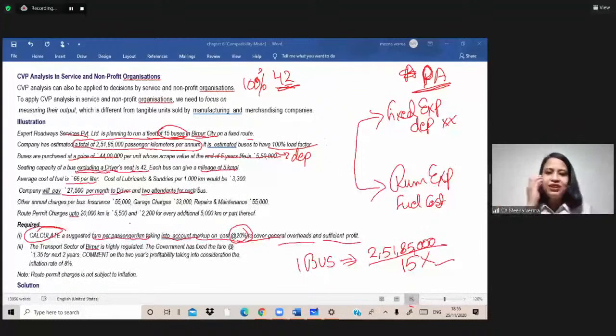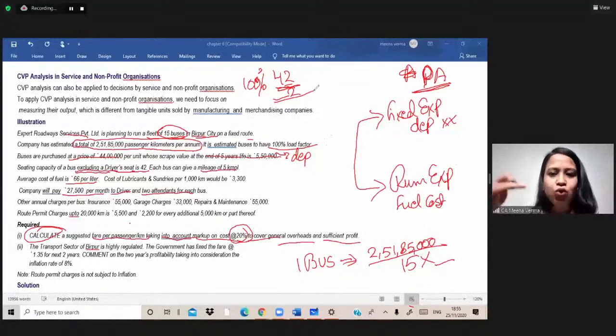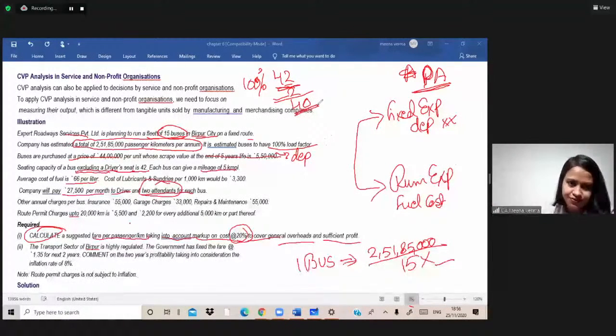These two attendants will occupy two seats. So though there is a sitting capacity of 42 for passengers, two seats are booked for the attendants, so passengers can sit only in 40 seats.